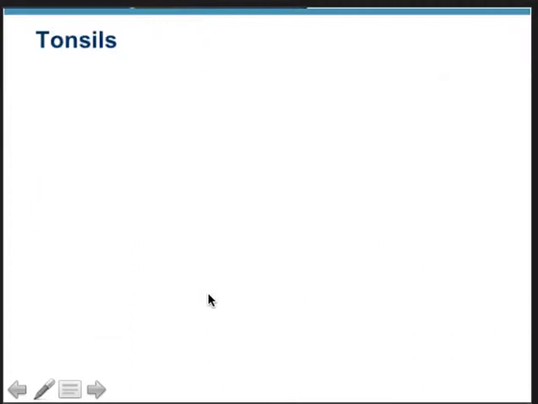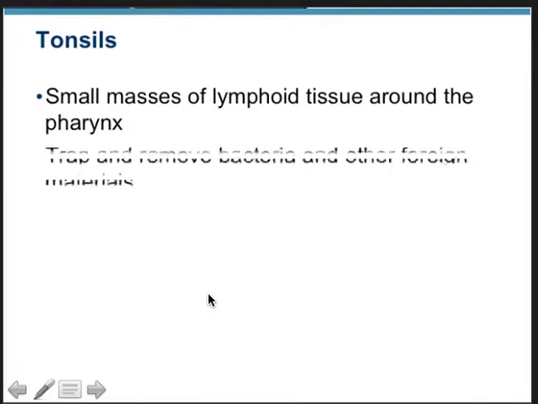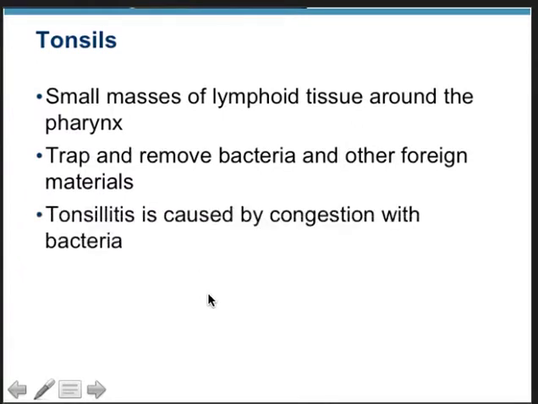So now let's look at your tonsils. They are stationed at a strategic point, a port of entry, the mouth. These are small masses of lymphoid tissue around the pharynx. They trap and remove bacteria and other foreign material, and sometimes they get overwhelmed and they can inflame, and this is what we call tonsillitis. They become congested with bacteria, and in the old days, what that would necessitate is an operation called a tonsillectomy.